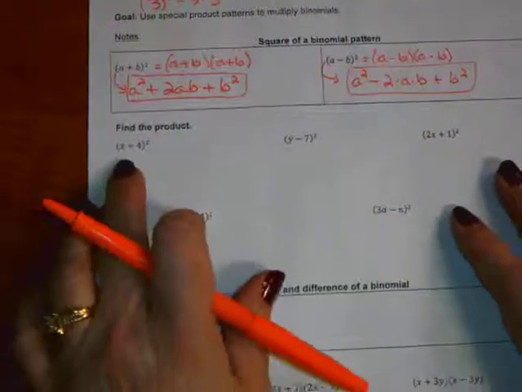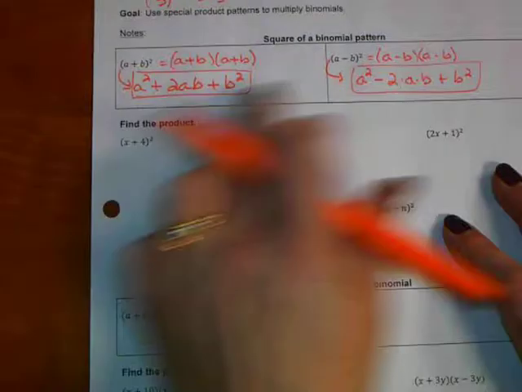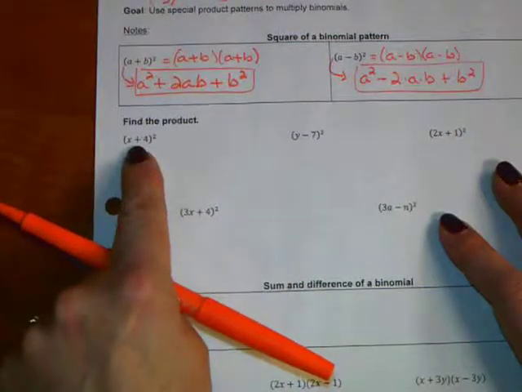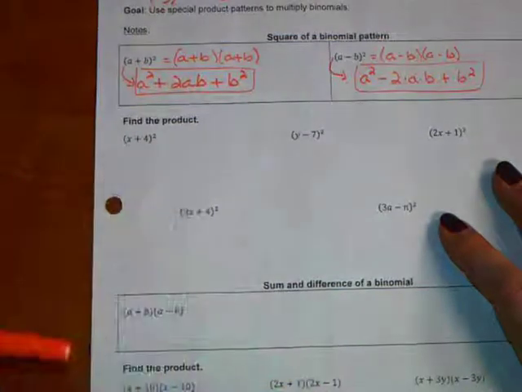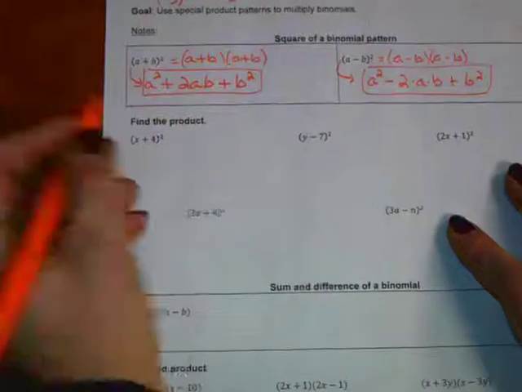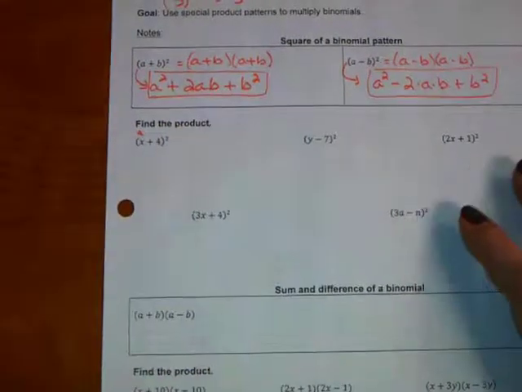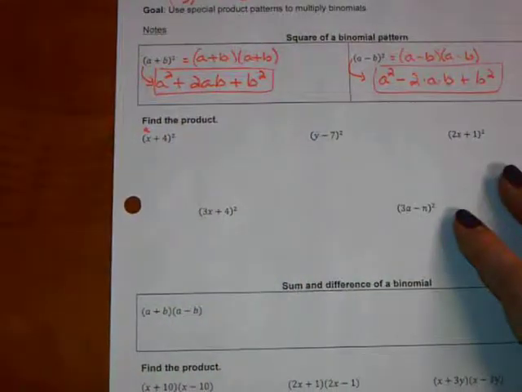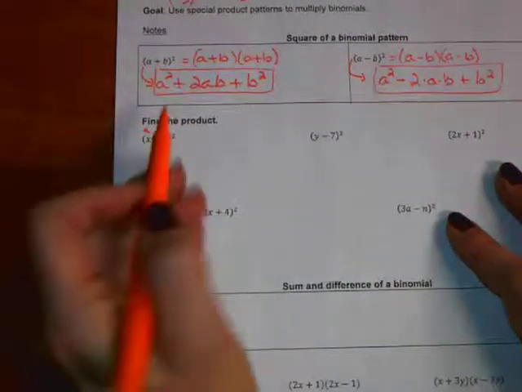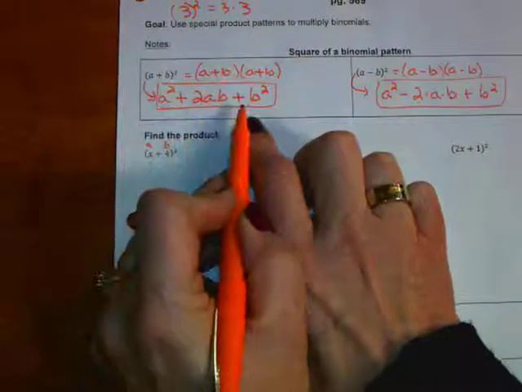So we're going to use these special products and just practice with them real quick. This means x plus 4 times itself, correct? X plus 4 times x plus 4. If this happens, you can use this special pattern. So you have to identify the x as the a and the 4 as the b. And then we're just going to follow exactly what it says to do here.